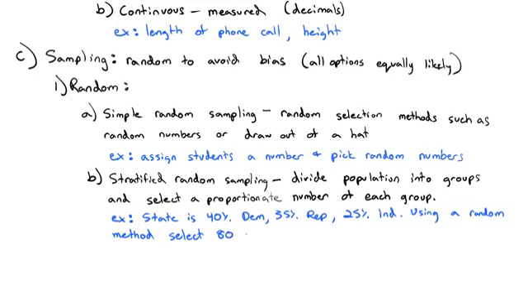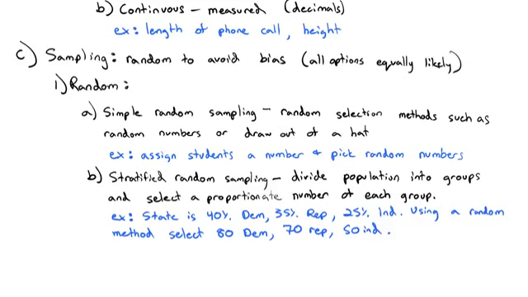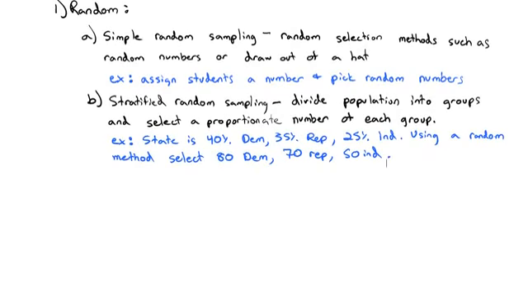Maybe we'd select 80 Democrats, 70 Republicans, and 50 independents to be included in my sample. I have a proportionate representative of each group that matches the proportions of the state, and so my sample still is random, but I don't get the bias of only interviewing one party.